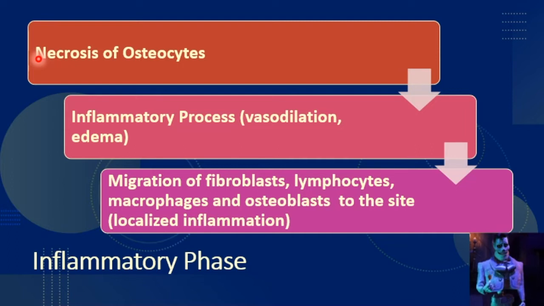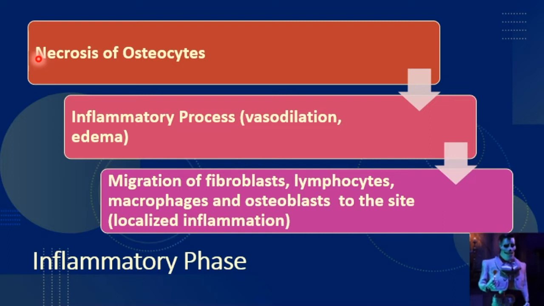So the inflammatory processes would involve your vasodilation and then your edema. Our body has a reason why we are having vasodilation. The purpose of vasodilation is to cause the migration of your fibroblasts. In other words, it is dilating to supply the necessary elements, the necessary chemicals, the necessary transmitters to elicit the healing process.